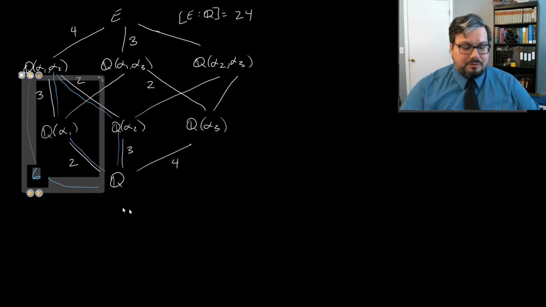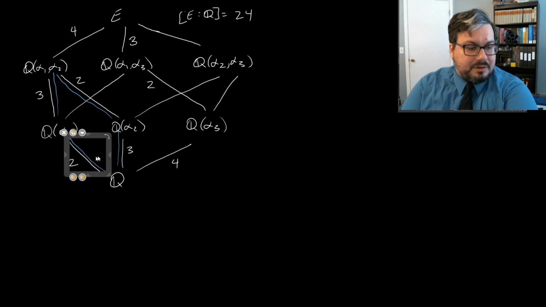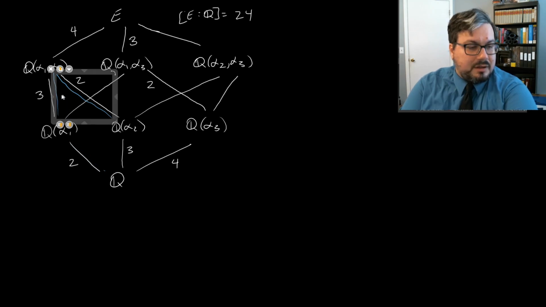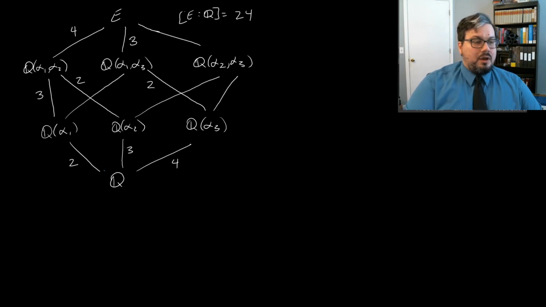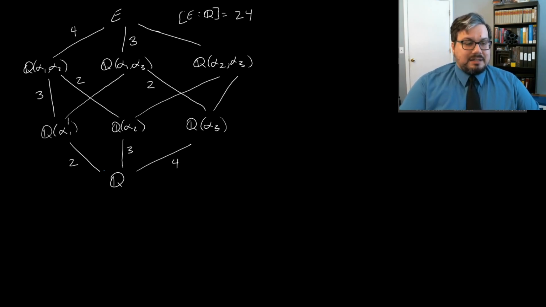Let me erase these things so things don't get super cluttered. All right, now let's handle this degree from Q(α1) to Q(α1, α3). So in this case, we can look along the two paths going from Q to Q(α1, α3).